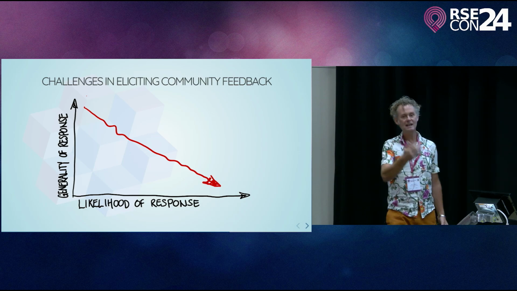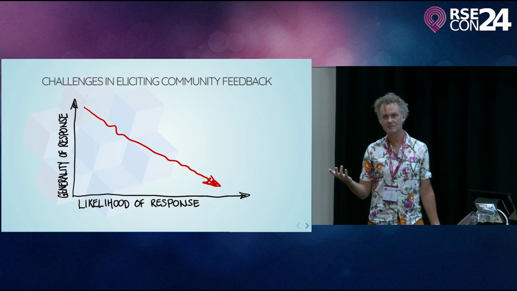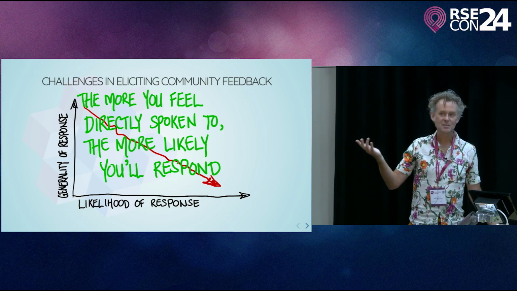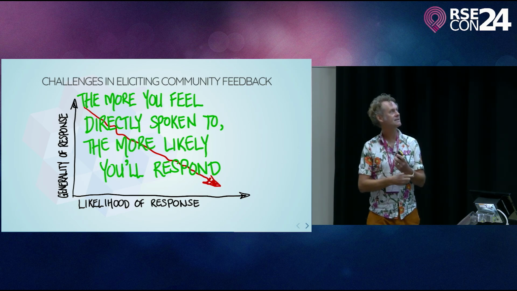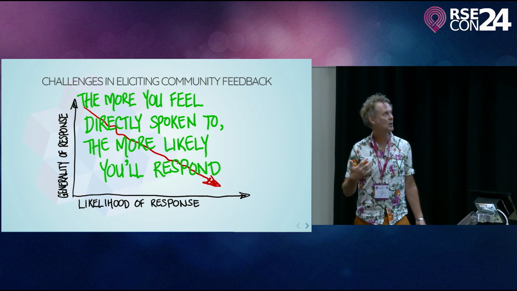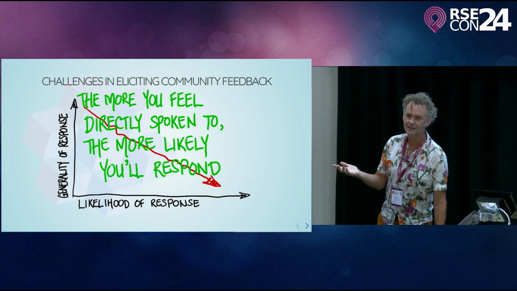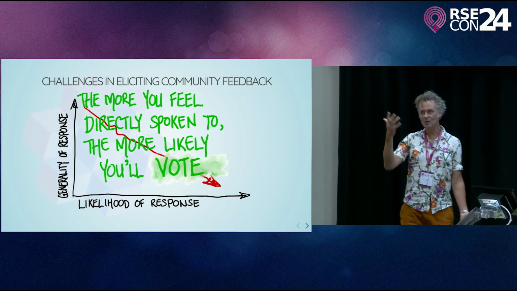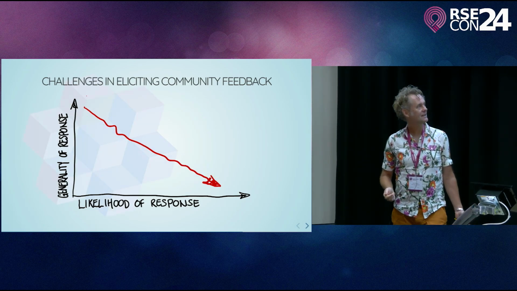So you've got this negative relationship between the likelihood of a response and the generality of the response. There's nothing particularly amazing or unique about this phenomenon. It's simply the process that the more you feel directly spoken to, the more likely that you'll respond. You can just change the word respond and understand how universal this kind of process actually is.